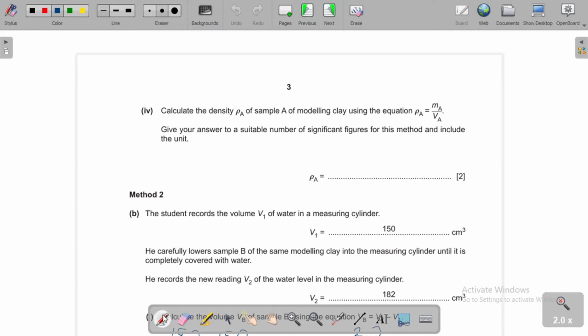So our density will be 51 divided by 26.78.